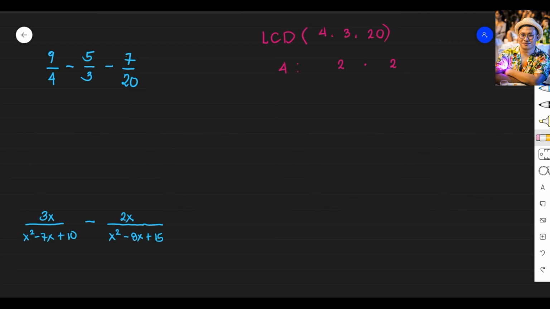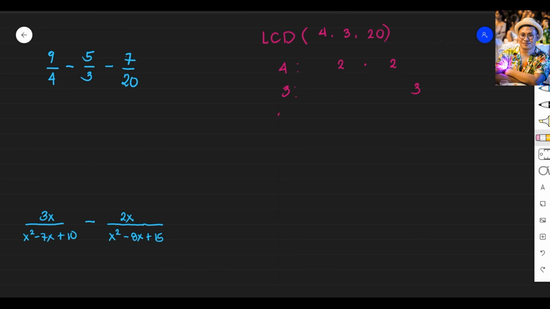Why are these prime? Because the only factors of 2 are 1 and itself. So, these are prime numbers. What are the prime factors of 3? We know that 3 is already a prime number, so we can just write it somewhere here. And we don't group them together because they are different numbers.